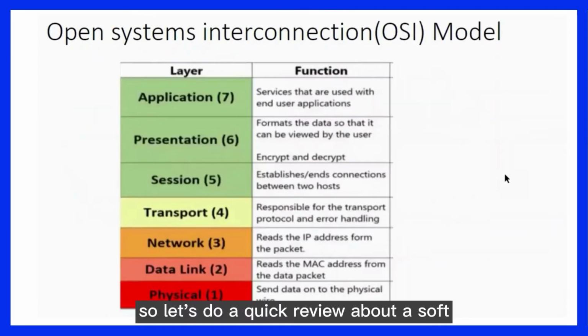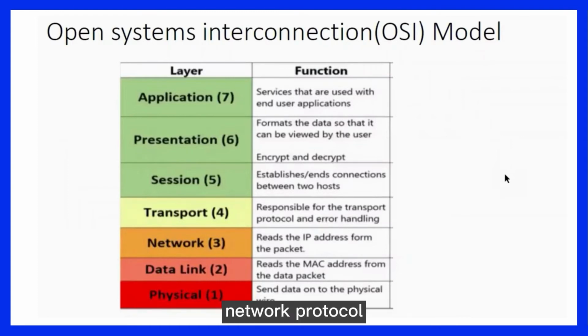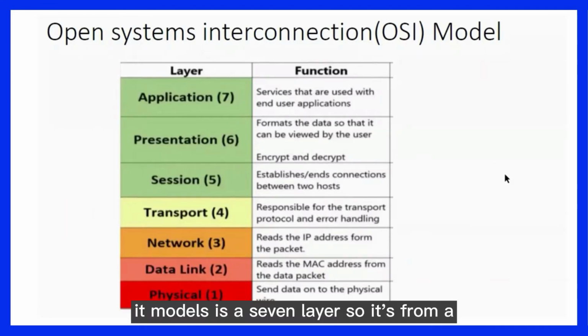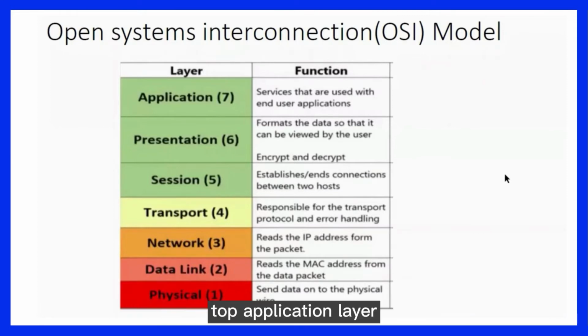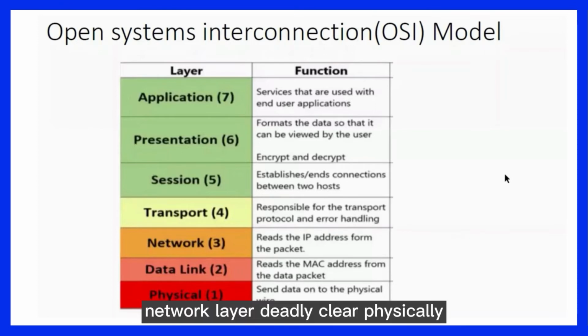So let's do a quick review of network protocols and equipment. Based on Open Systems Interconnection, an organization's model, there are 7 layers. From the top: application layer, presentation layer, session layer, transport layer, network layer, data link layer, and physical layer.